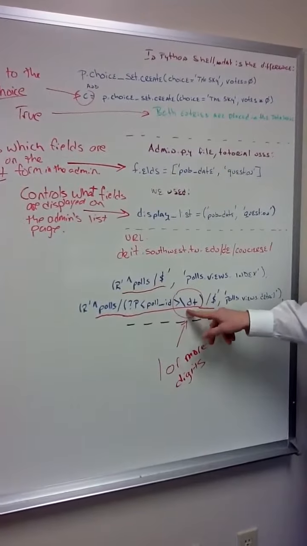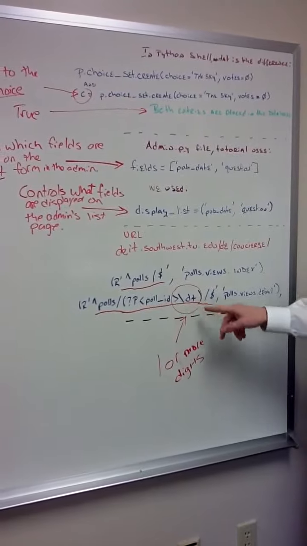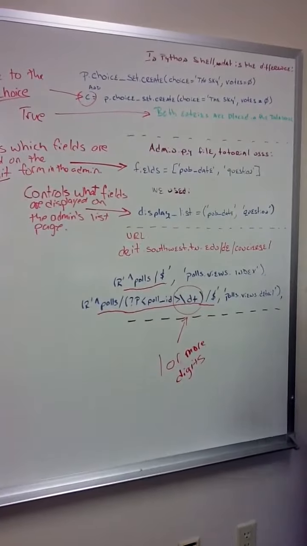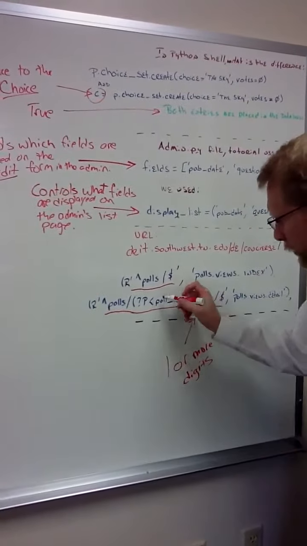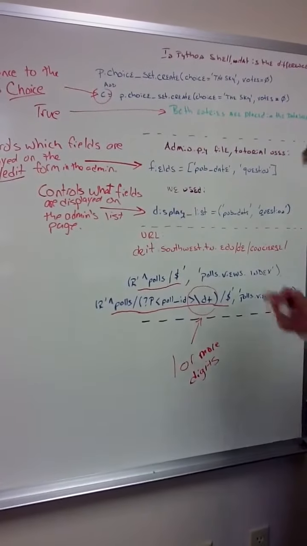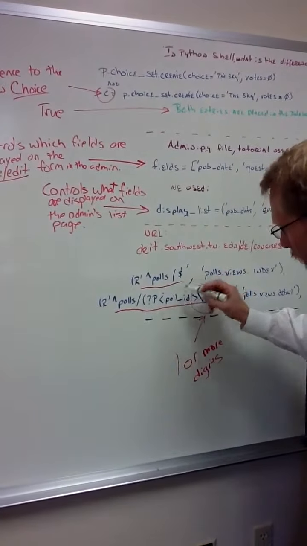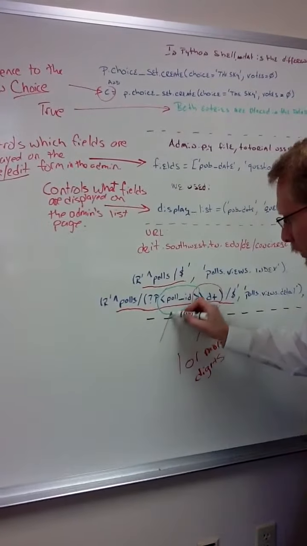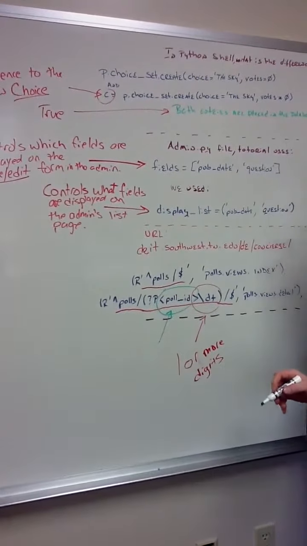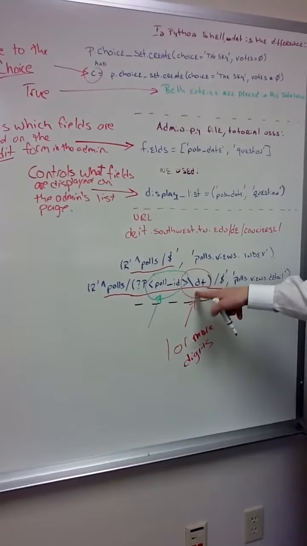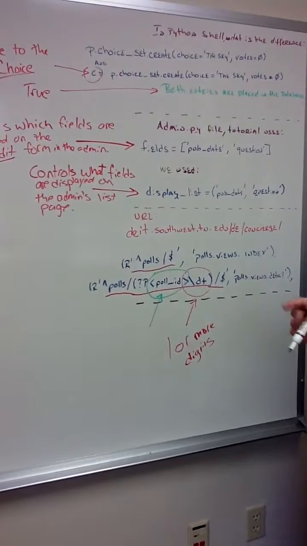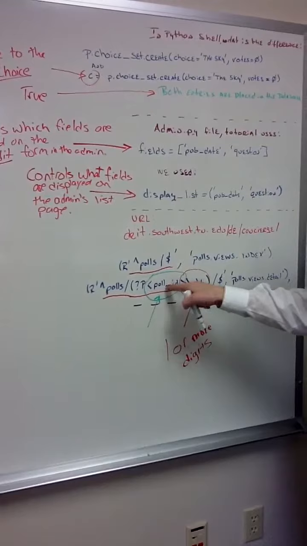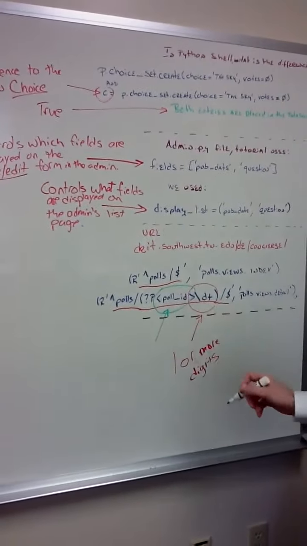And what happens when it matches that? This stuff inside the angle brackets here: when it matches a digit, it's going to store that digit in a variable called poll_id.